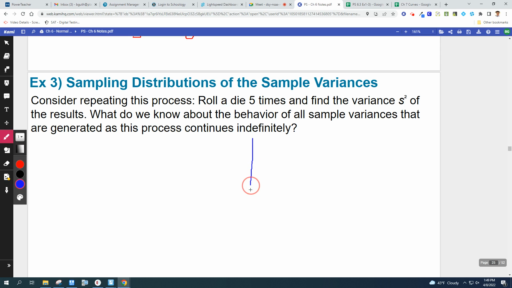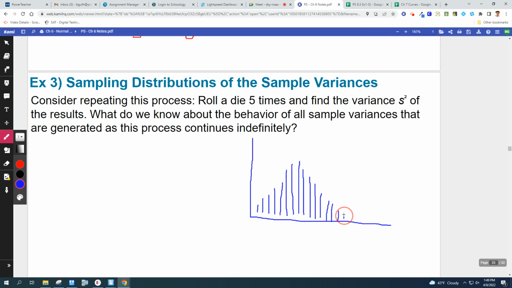Looks something like that. Okay, it shouldn't be symmetrical.